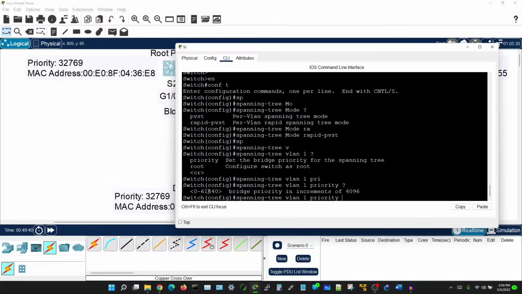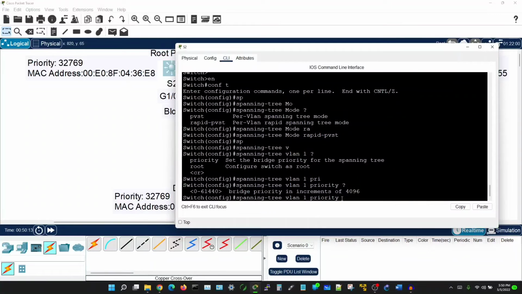So here we have from 0 all the way to 61,440, but each increment has to happen in 4,096 increments. So we can go either way. We can put the lowest legal increment, which is 4,096, or we can go to the lowest, which is 0.